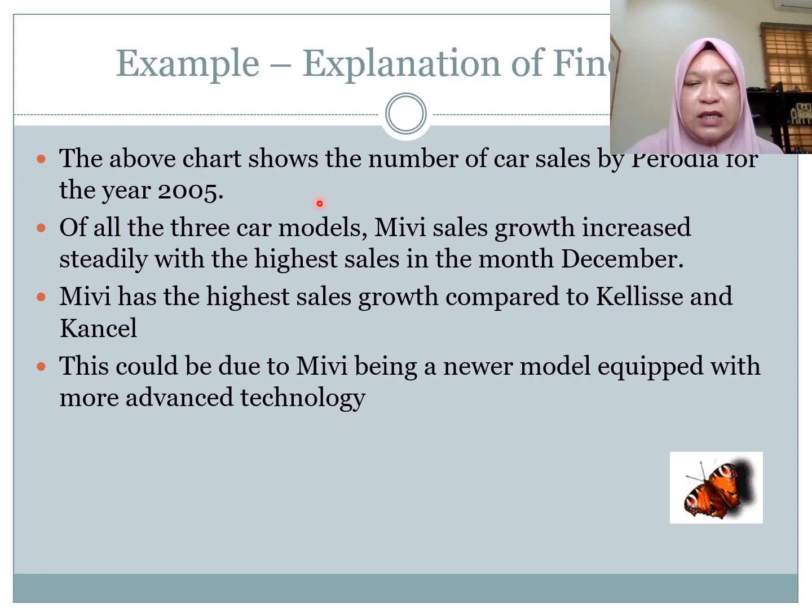So first it states the highest figure, which is the Myvi, and then it compares and gives the reasons, analyzing why the Myvi is the highest. This is based on your observation, your own ideas, or from your readings. You can come up with this explanation or analysis.